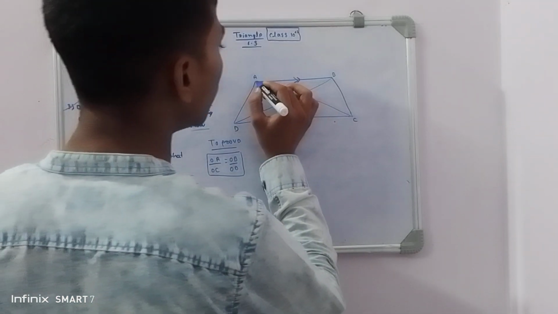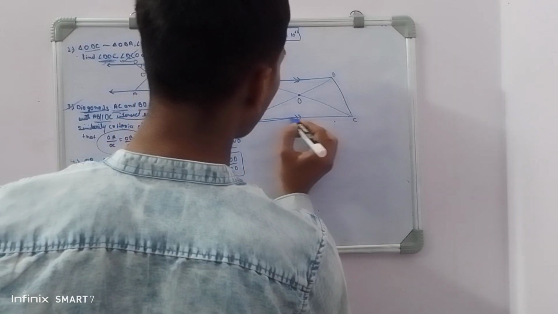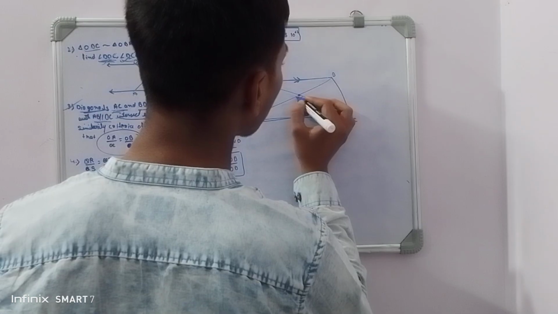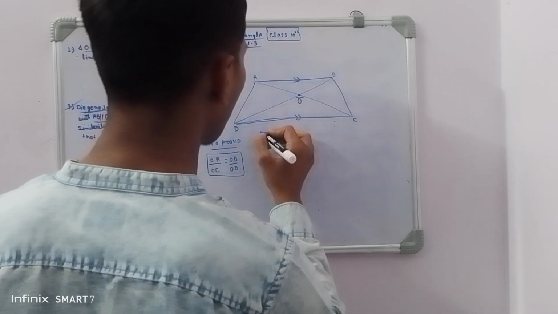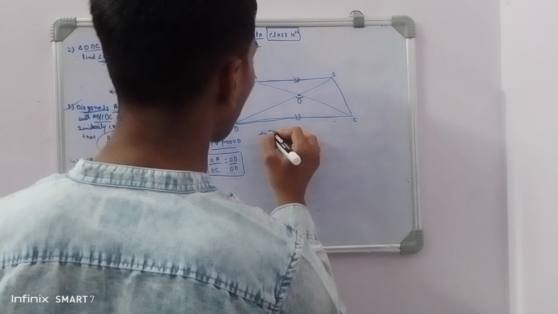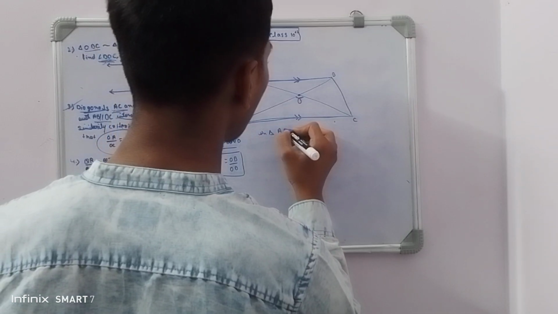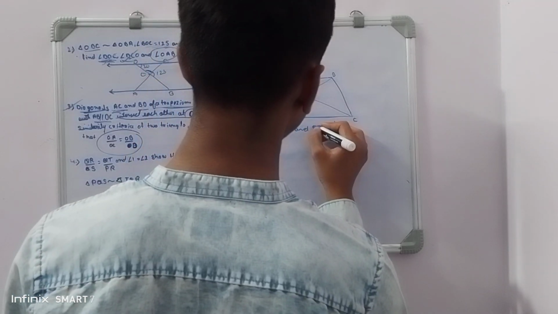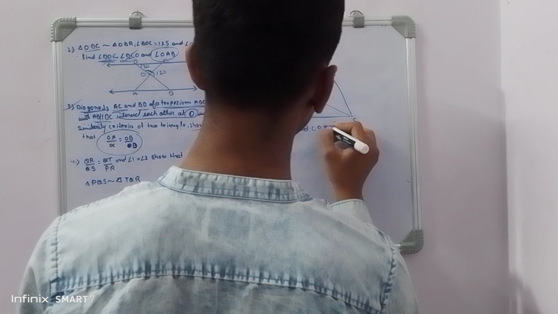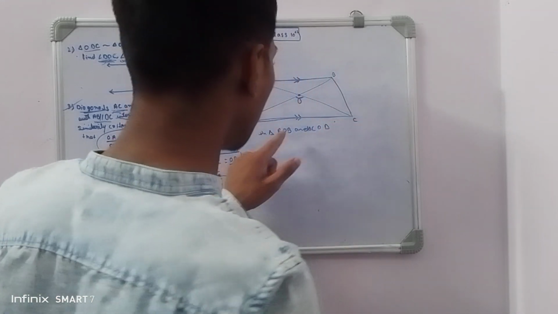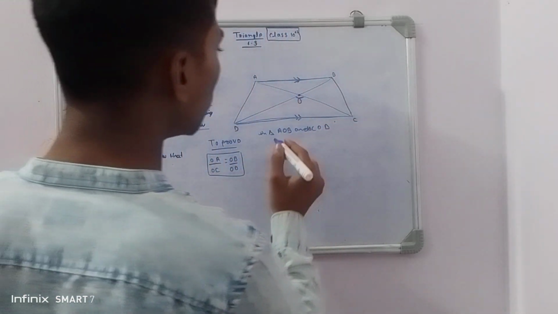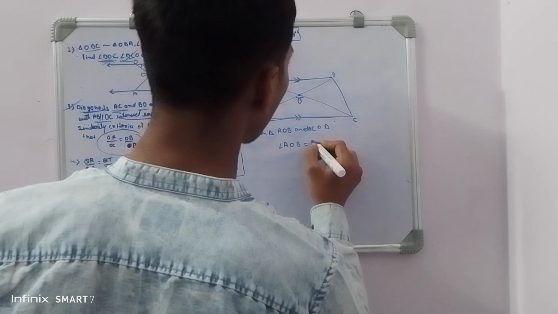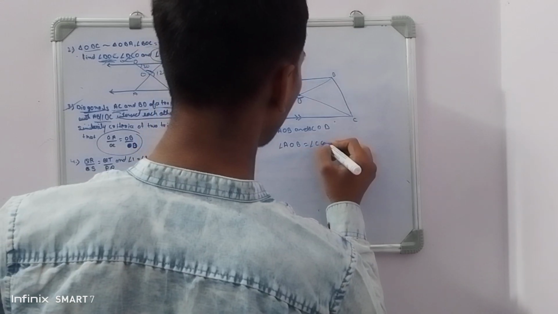As we know that AB is parallel to DC. In triangles AOB and COD, we have two triangles AOB and COD. You are able to see that angle AOB is equal to angle COD.